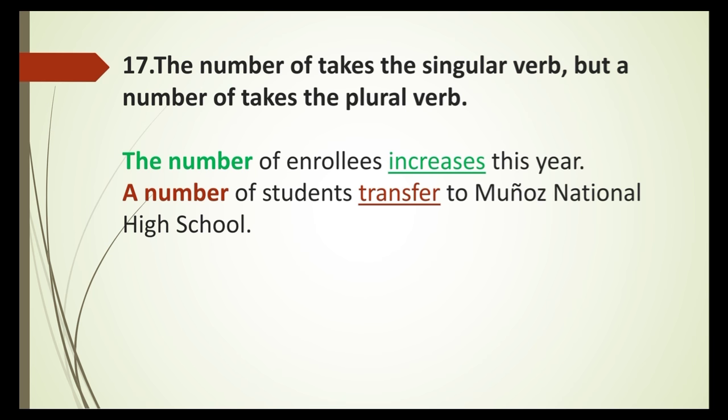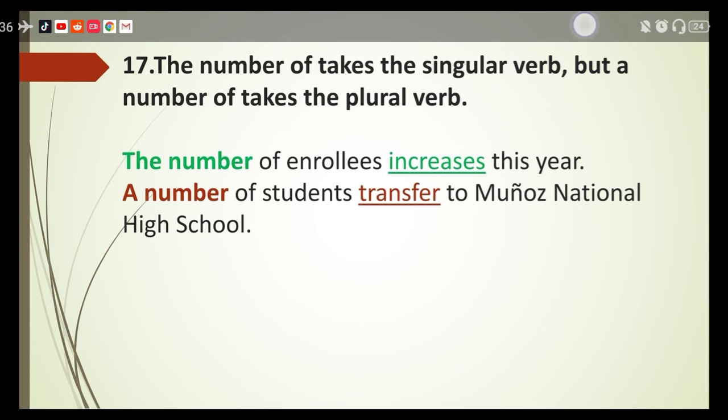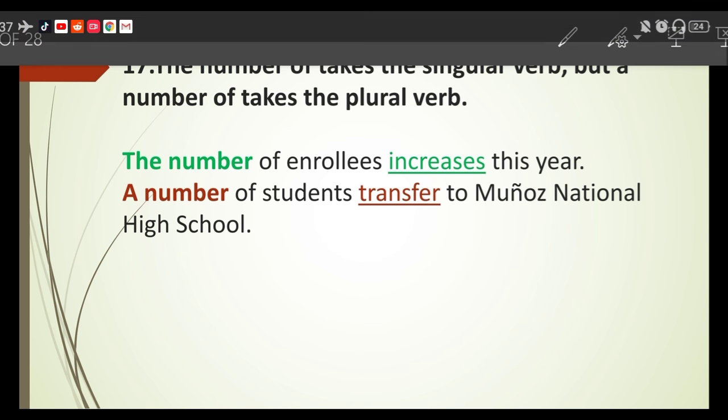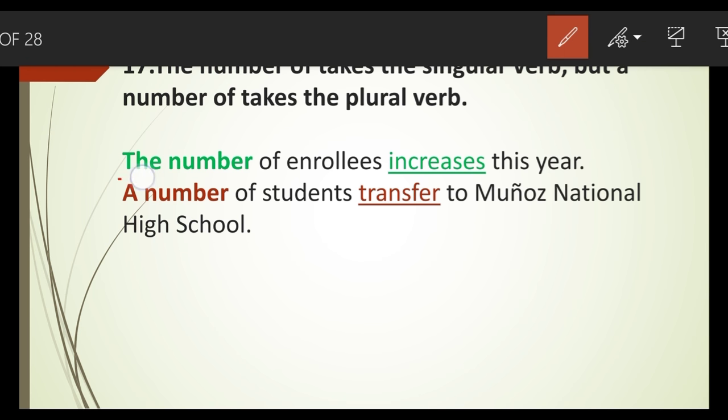Isama natin yung of dun ha. Okay. The number of, singular yon. Pagka nakita nyo yung the, or the number of, singular. While a number of, plural.